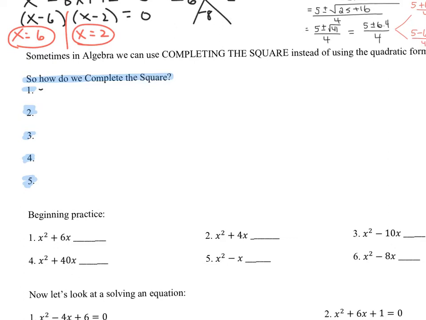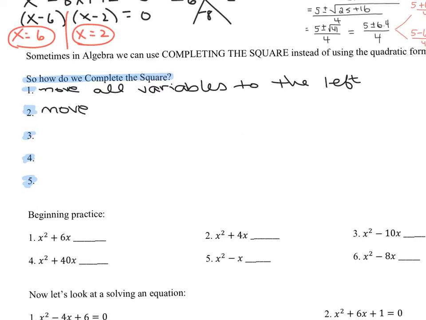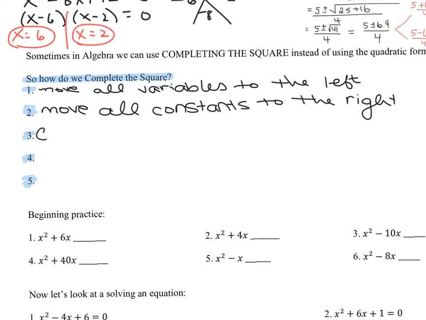Step 1, move all variables to the left. Step 2 is move all constants to the right. Step 3 is complete the square. How?